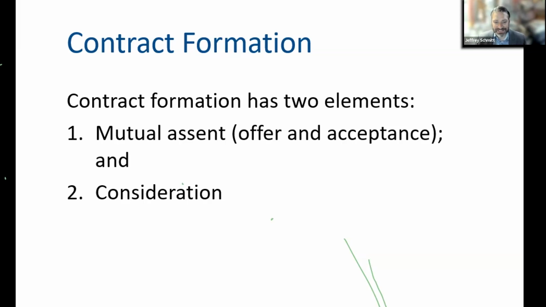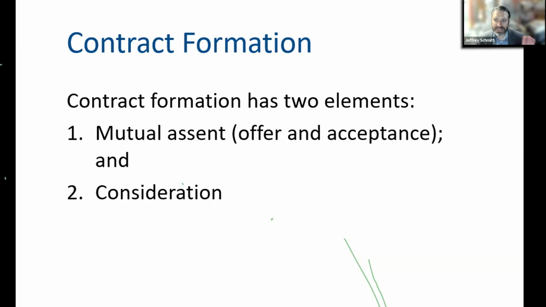We'll see that there is a code that governs the sale of goods, some transactions, but for the most part, there is not a code governing most contracts for the sale of land, for work, services, those types of things.